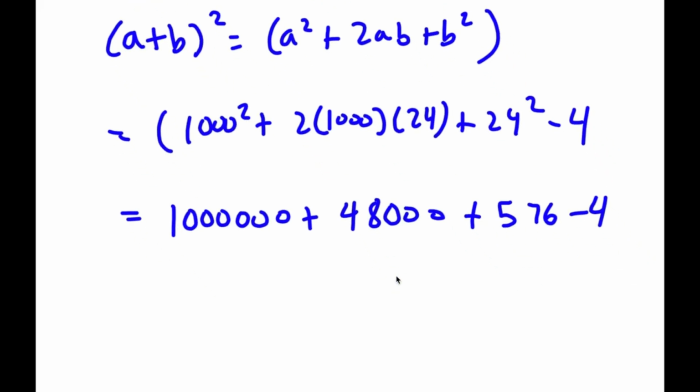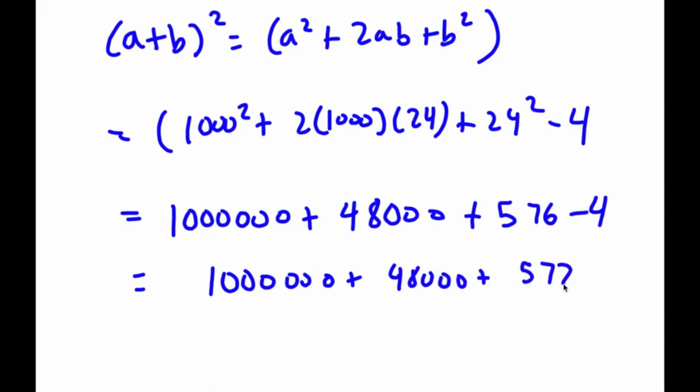So now I'm going to go ahead and simplify all of this. Let's first start from the end and work our way up. So 576 minus 4, that's 572. So now I have 1 million plus 48,000 plus 572.